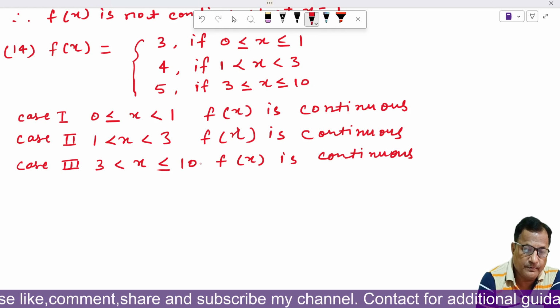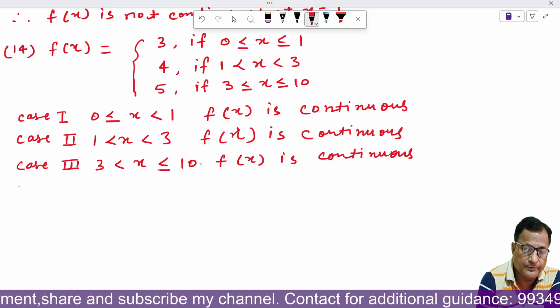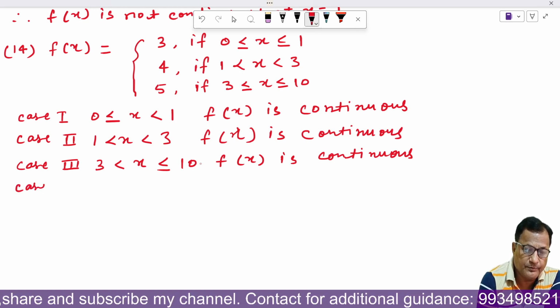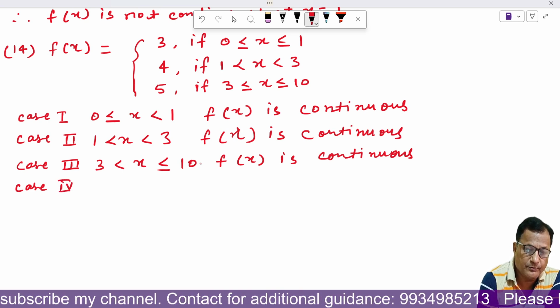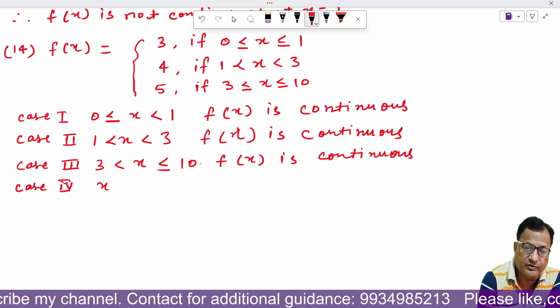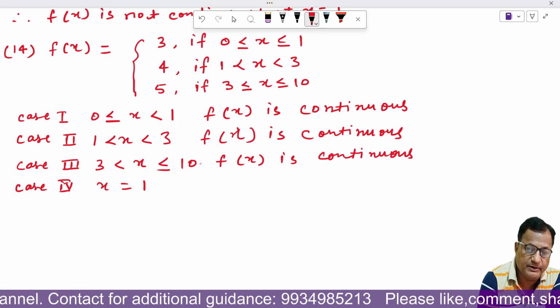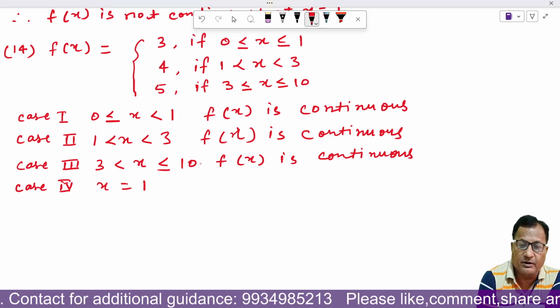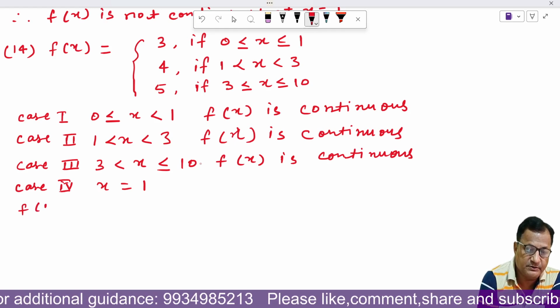Case 4. x is equal to 1. At 1, we will have to check the continuity. So first we find f(1).